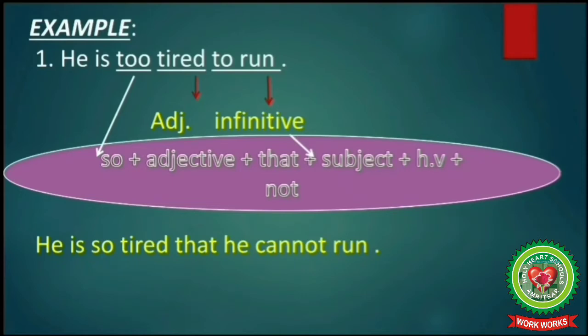So the answer will be he is so tired that he cannot run. You can see there that we have changed too into so followed by adjective, that is tired, and we have changed infinitive, that is to run, into that plus subject plus helping verb plus not.